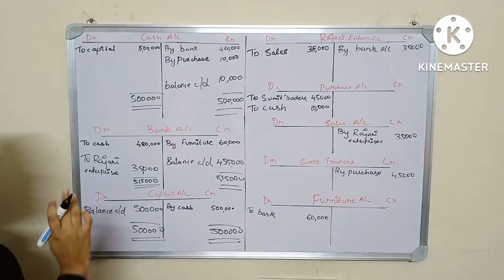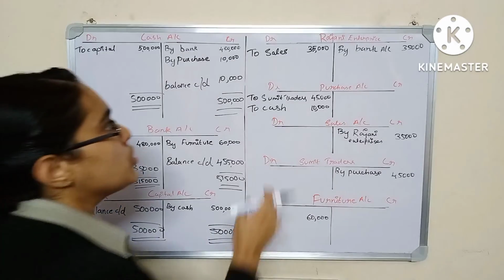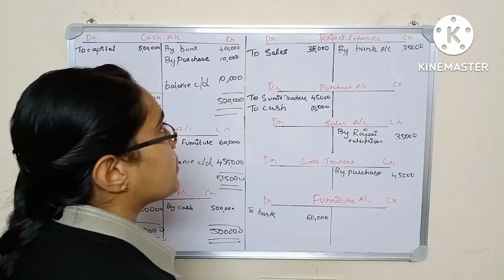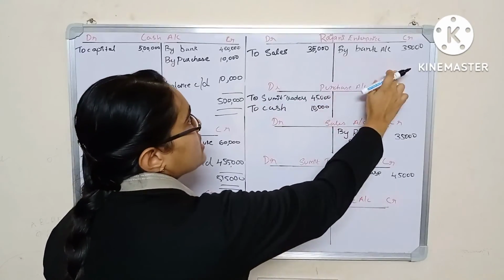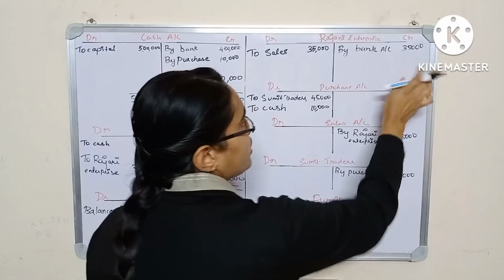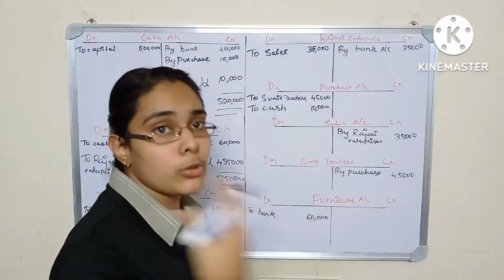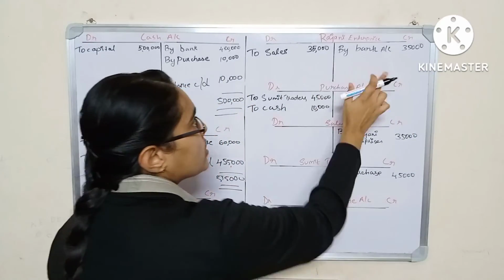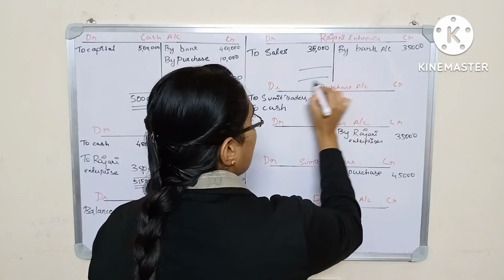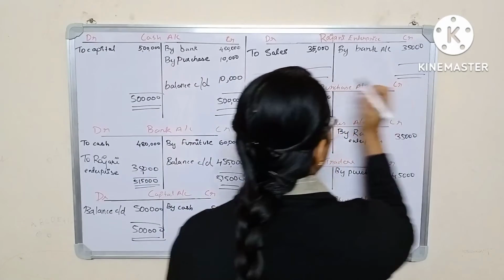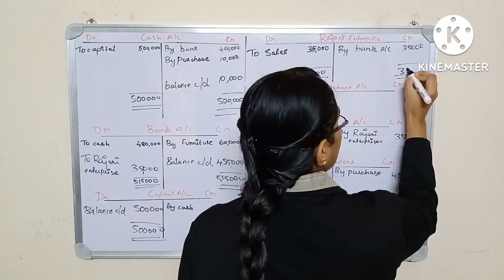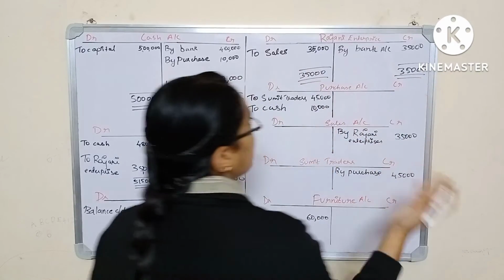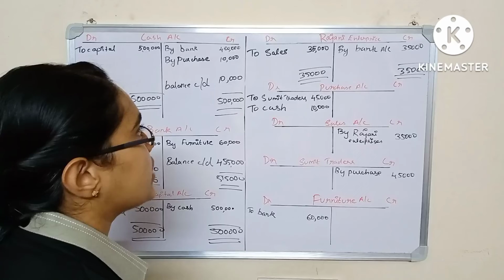Now let us move on to Rajani Enterprise. Rajani Enterprise is already tallied. Both debit side and credit side show the same balance, which is 35,000. That is because they have cleared the debt. That is why this account is tallied. So you can directly write 35,000. There is no closing balance for Rajani Enterprise.